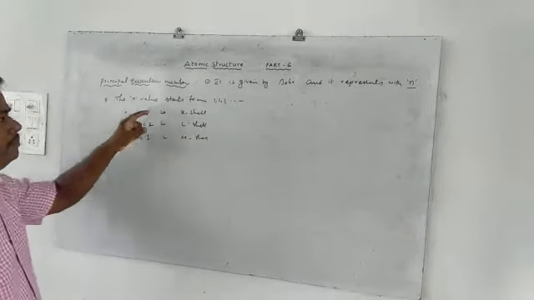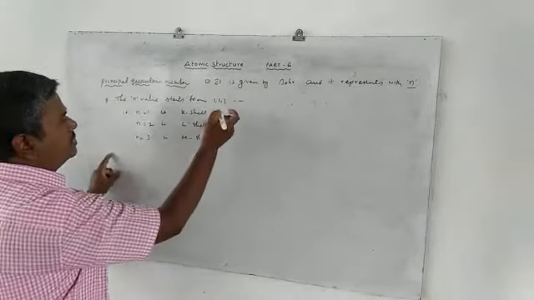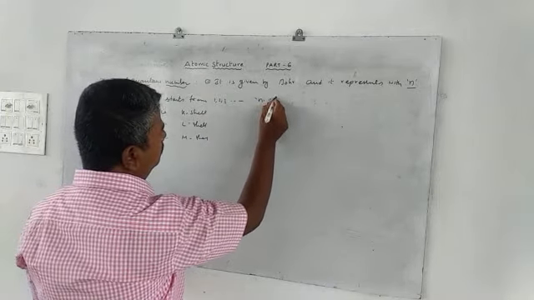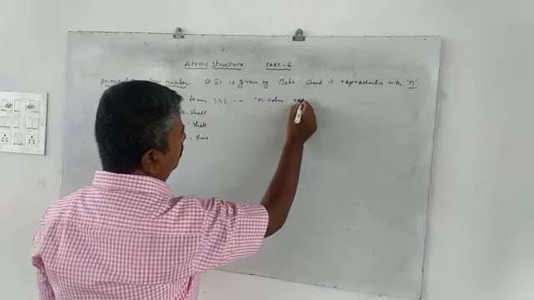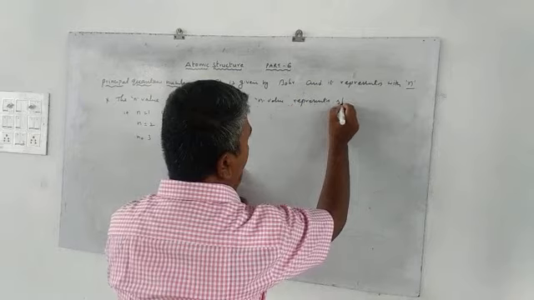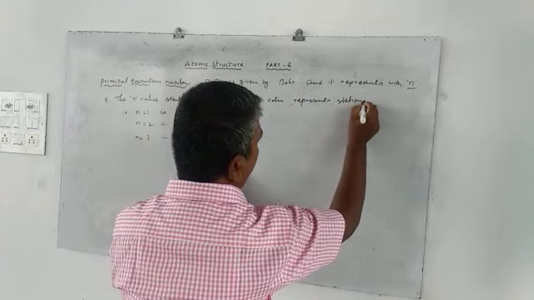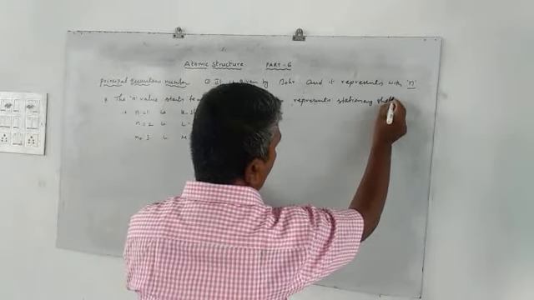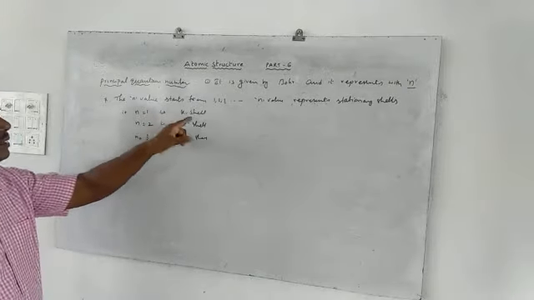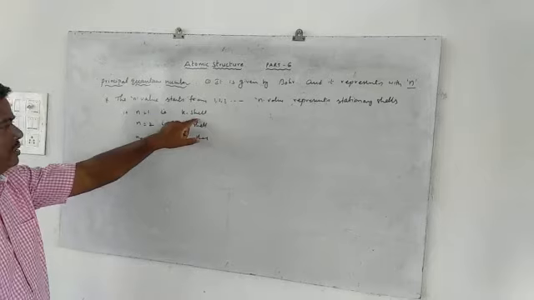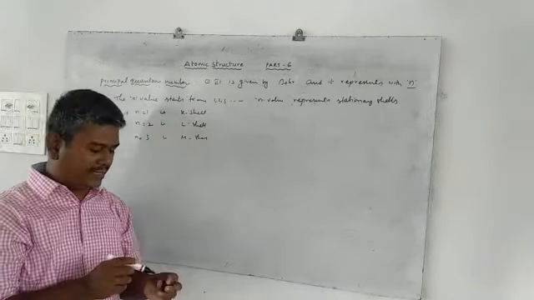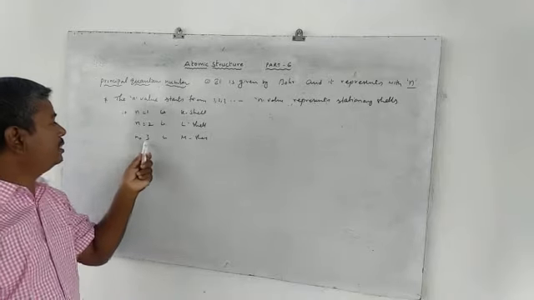So like that, these n values represent which one? Shells, stationary shells. If n equal to 1, that represents the K stationary shell. If n equal to 2, that represents the L stationary shell. N equal to 3 represents which one?